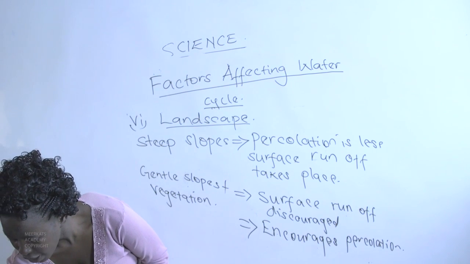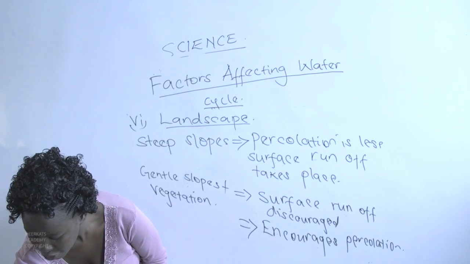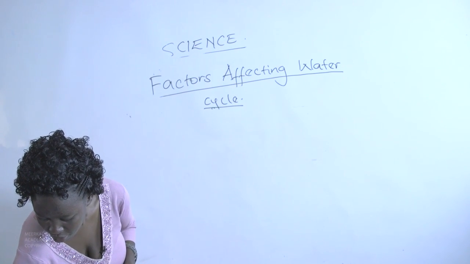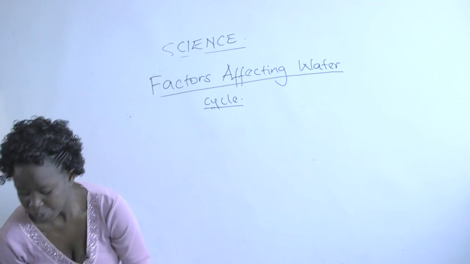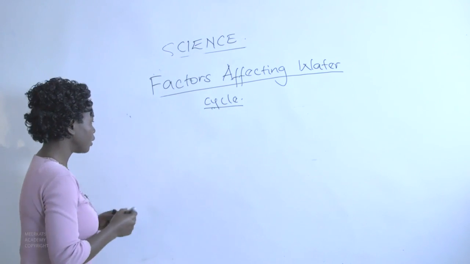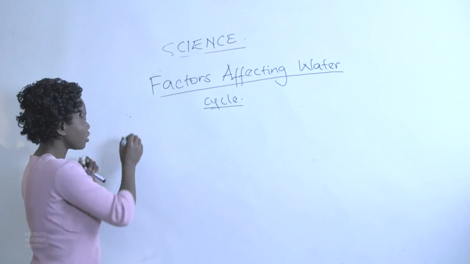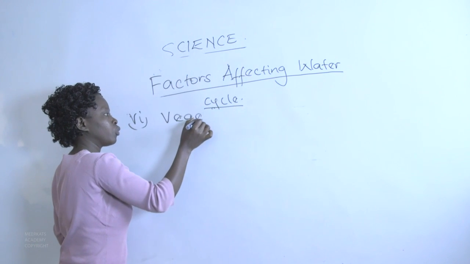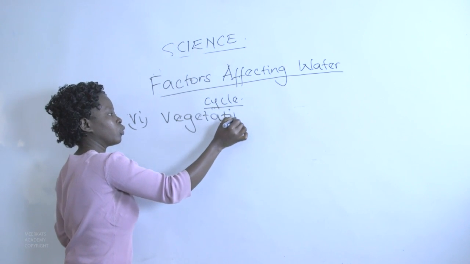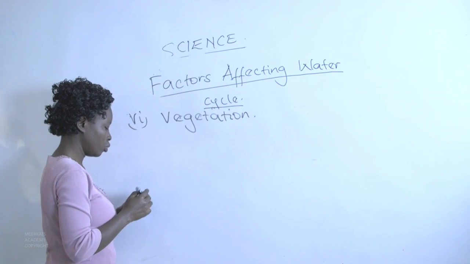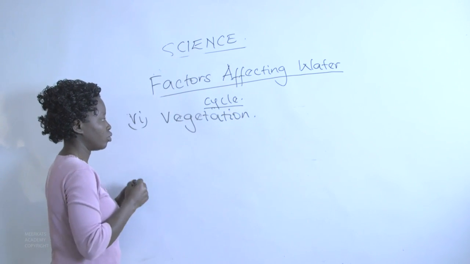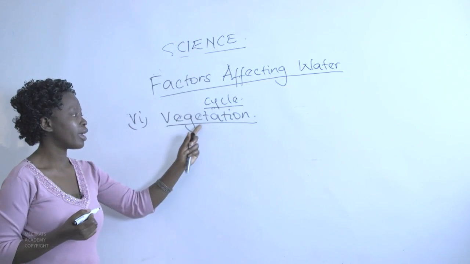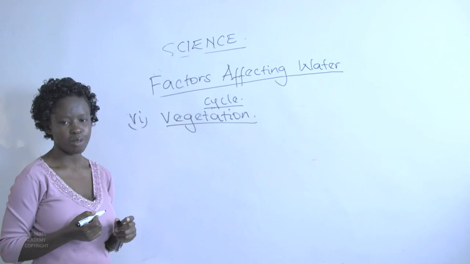Another factor that affects the water cycle is vegetation. Vegetation requires water for various purposes.